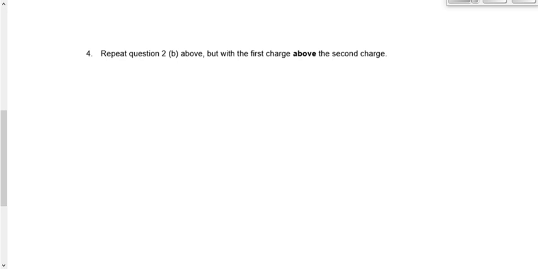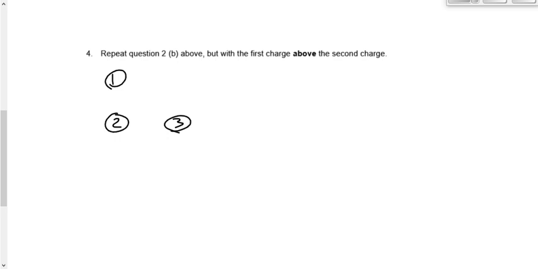Question number 4, which says repeat question 2B, not repeat question 2, but repeat question 2B, only 2B, so we don't have to repeat everything. Okay, question 2B has 3 charges, but we're going to this time make the first charge above the second charge. This is going to be 1, this is going to be 2, this is going to be 3.